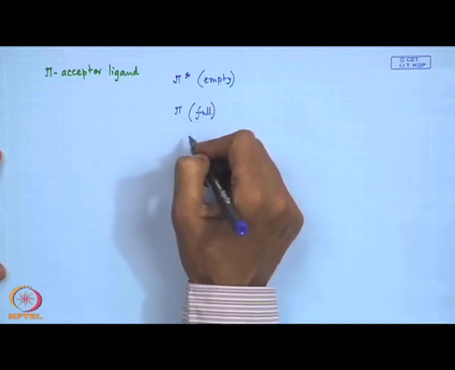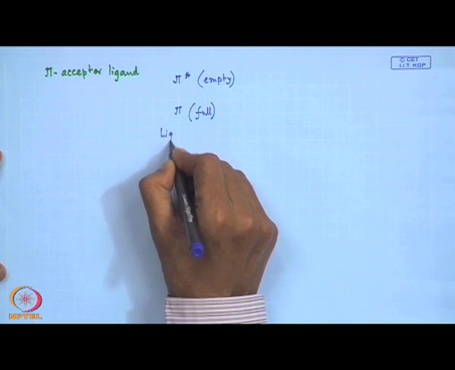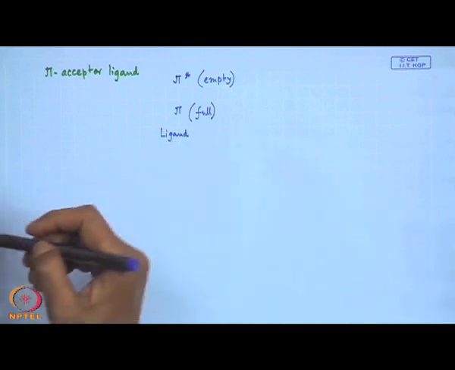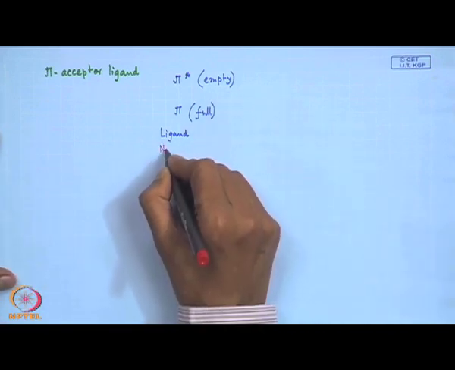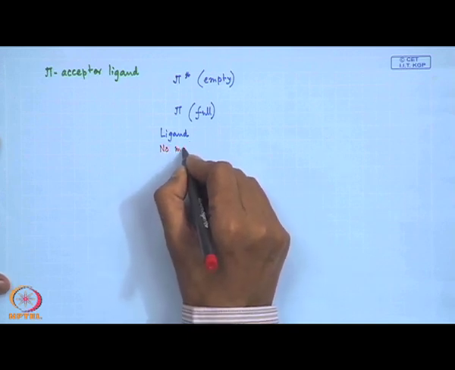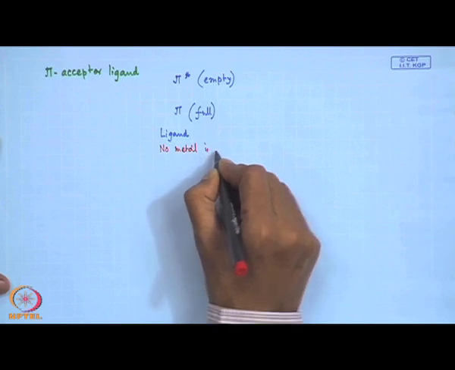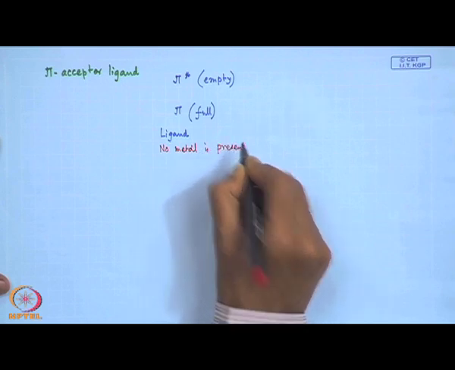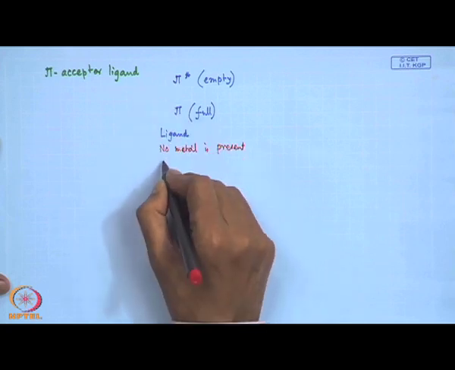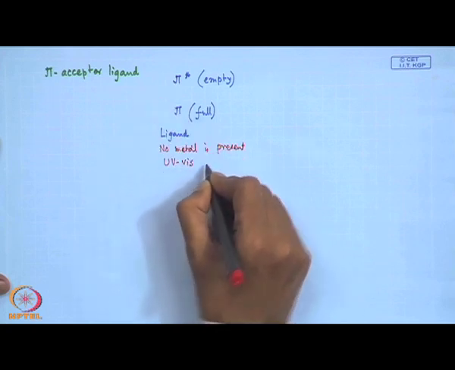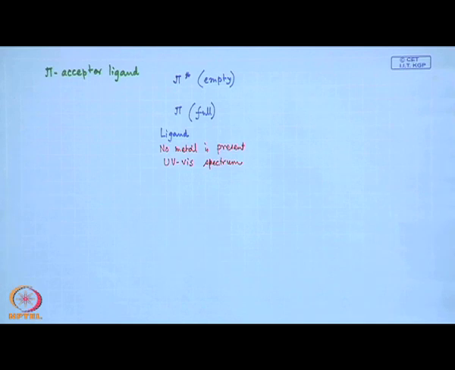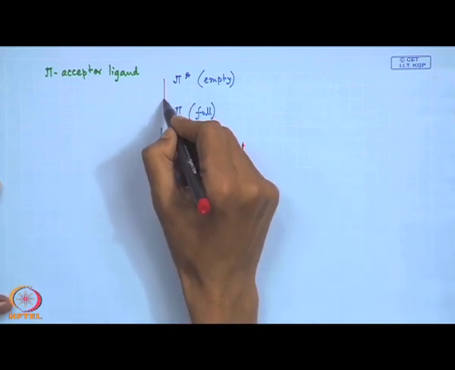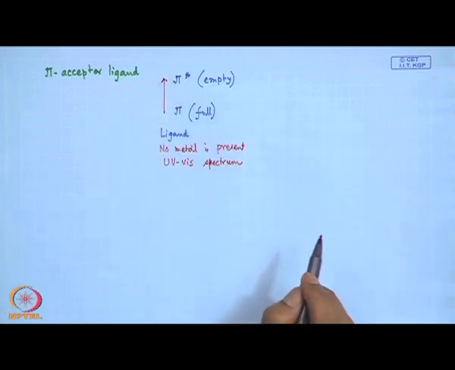So, in the typical molecular system of the ligand, within that particular ligand system, when no metal is present, that means no complex has been formed, in the UV visible range of the spectrum we will see one transition, which can be a pi to pi star transition.